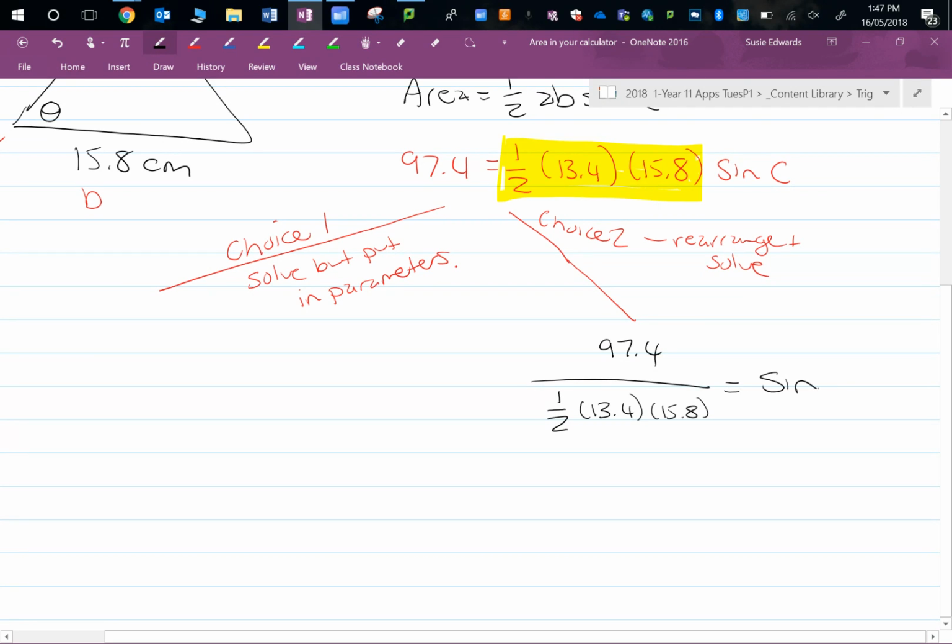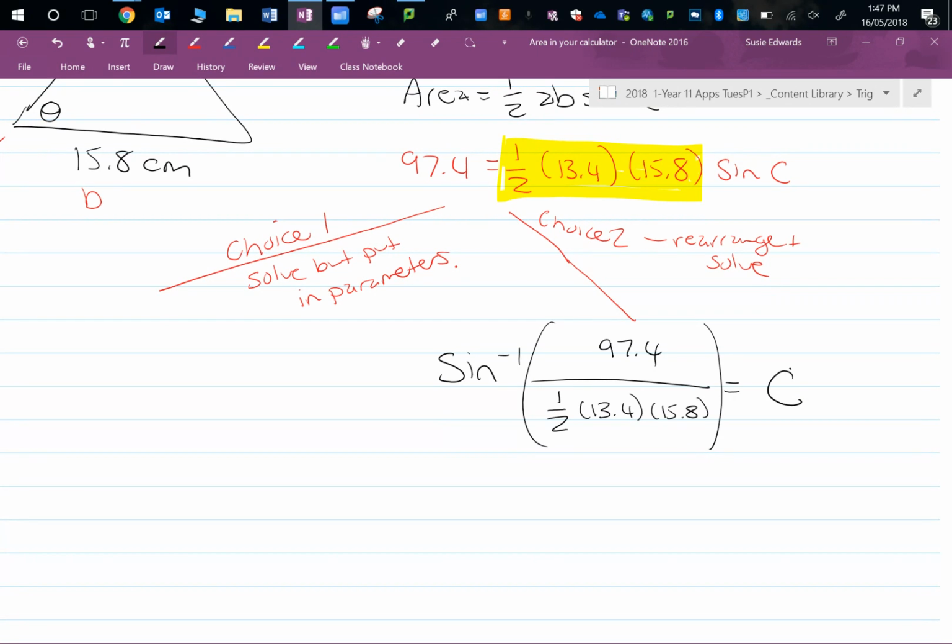Now before you write all this properly, just hang on. If we got sine C, I now still won't find my answer. I've got to get C by itself. What do I do if I move sine to the other side? It's inverse sine. So instead of sine C, I'm going to write C, and I'm going to write inverse sine. So that is the rearranged formula.